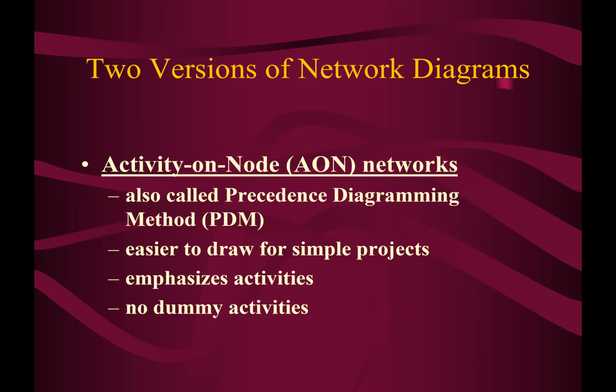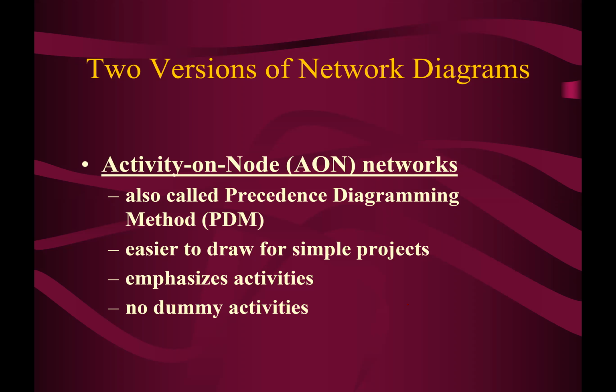Activity on node, the AON diagram, came a little bit later. The arrow diagram came in the early 1960s, but this one came in the late 1960s.